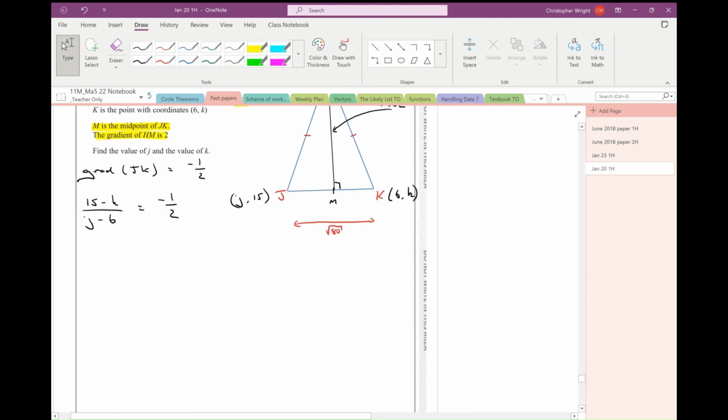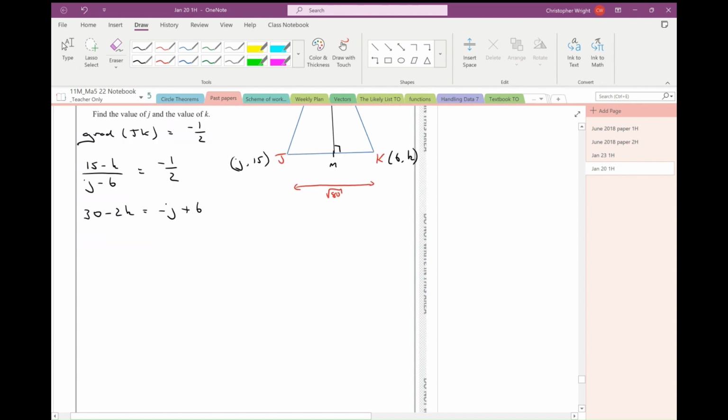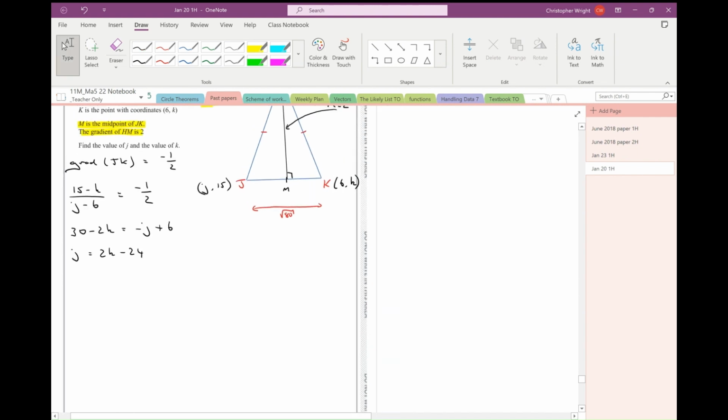So that tells me that 30 minus 2k equals minus j plus 6, which in turn tells me that j equals 2k minus 24. Okay, well, there's an equation for j in terms of k, so that will be useful soon, I'm sure.